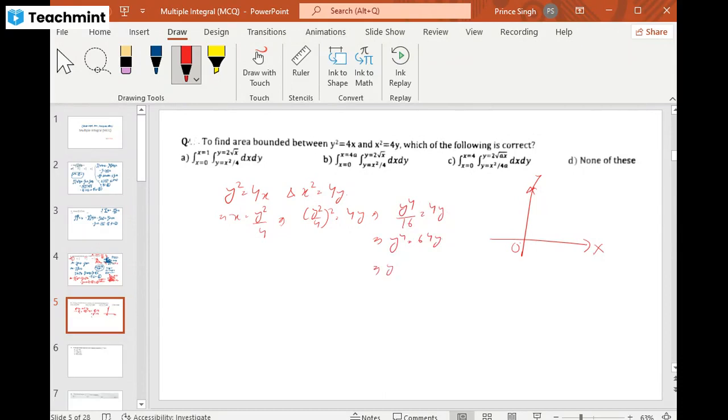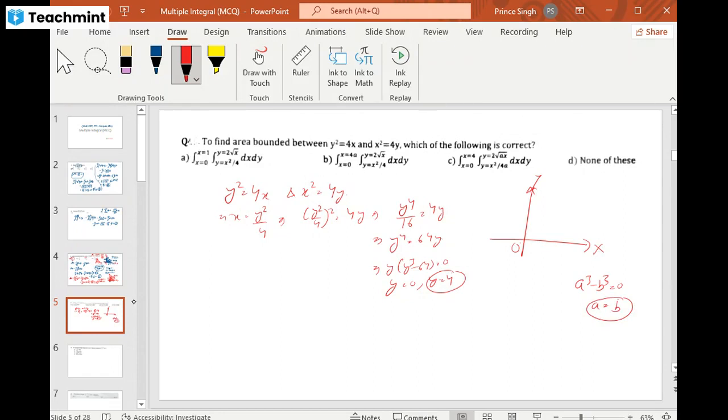Taking y common, y cube minus 64 equal to 0, so either y is 0 or y equal to 4. Like I already told you, a cube minus b cube equal to 0 has only one real root, that is a equal to b.